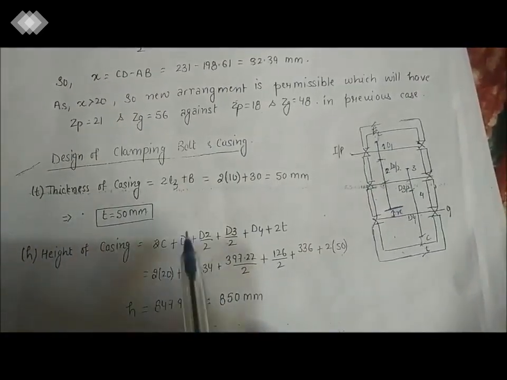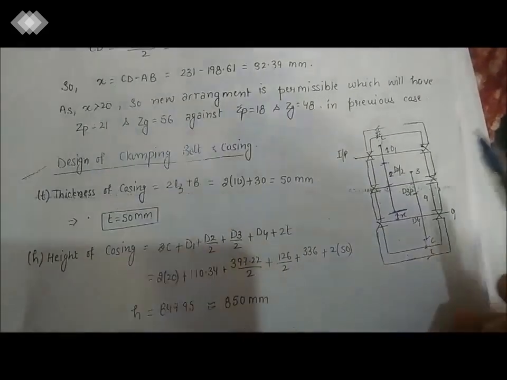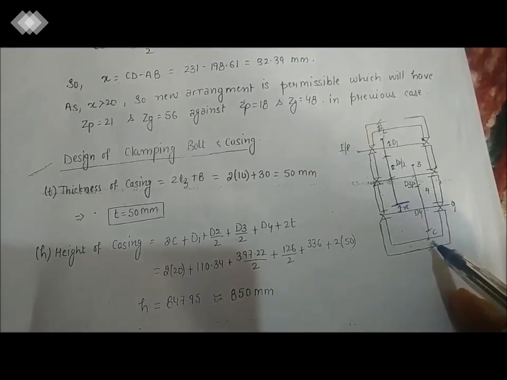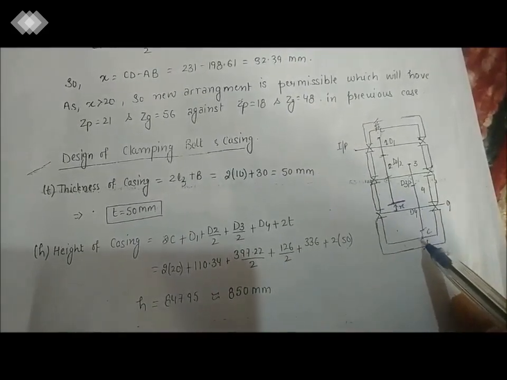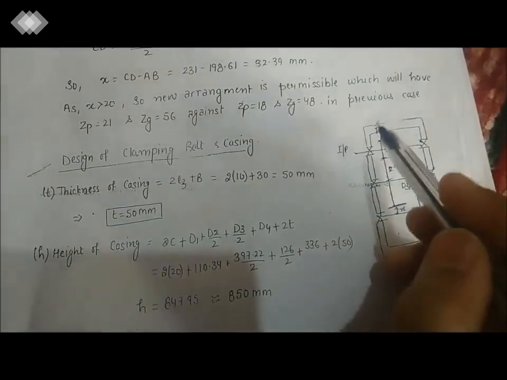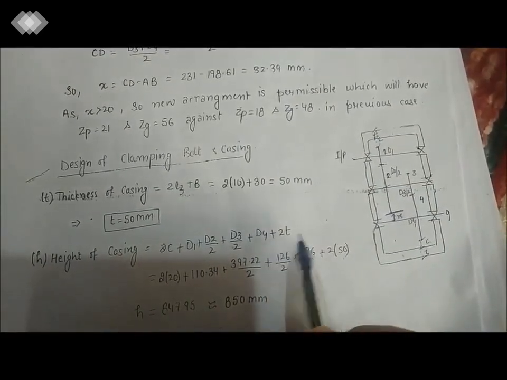We have the values of D1, D2, D3, D4, so we'll put those values. Again, for the complete height of the casing, we need to add this thickness and this thickness, so it is plus 2t.